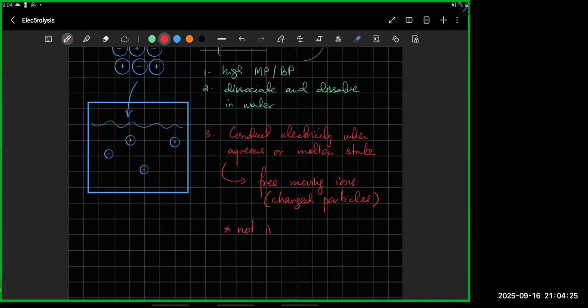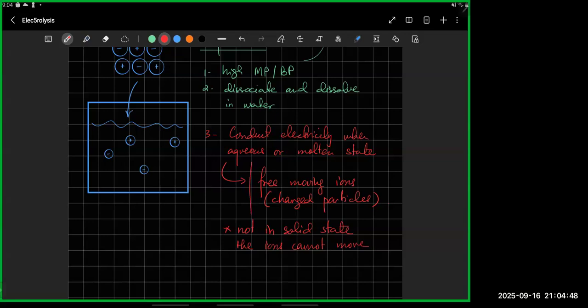Not in solid state, because in solid state the ions cannot move, so they can't carry charges. The charged particles cannot move from one point to the other, so that's not going to happen.